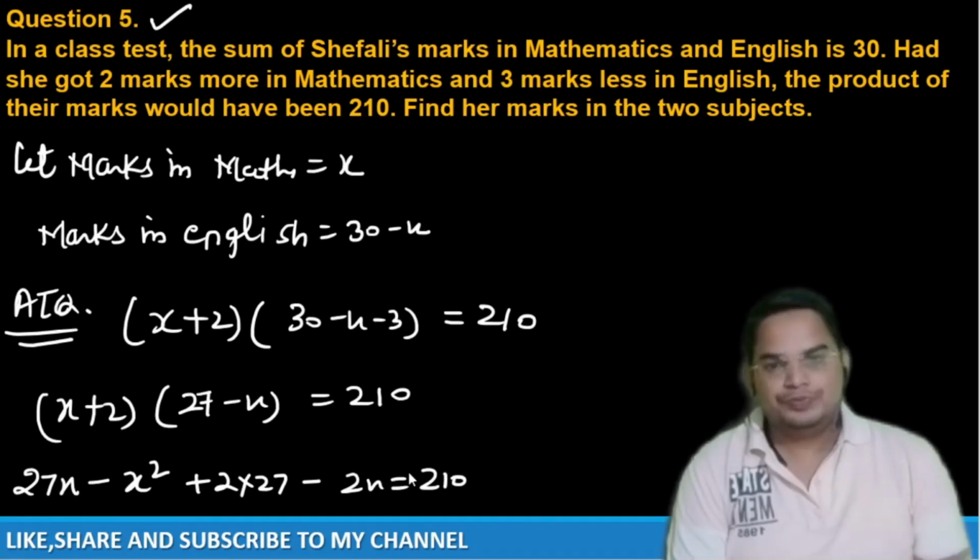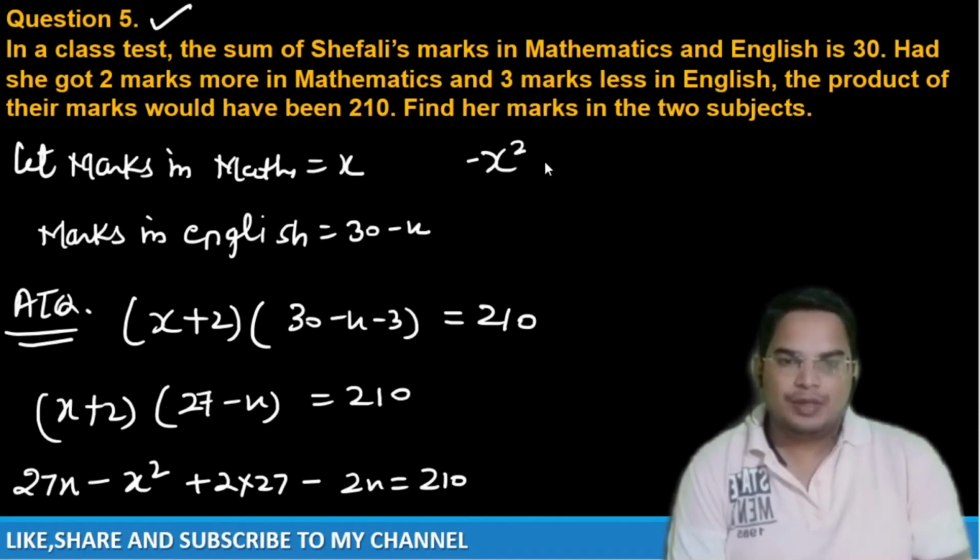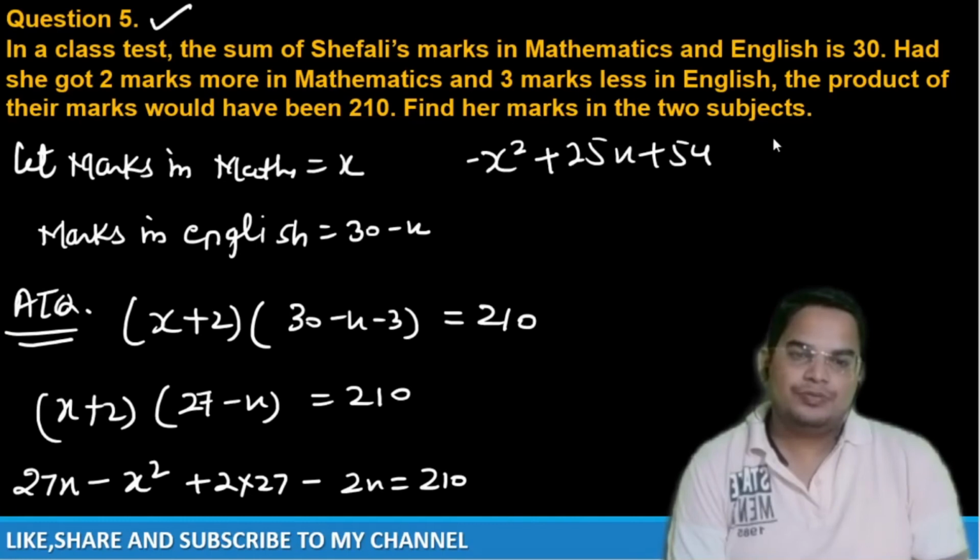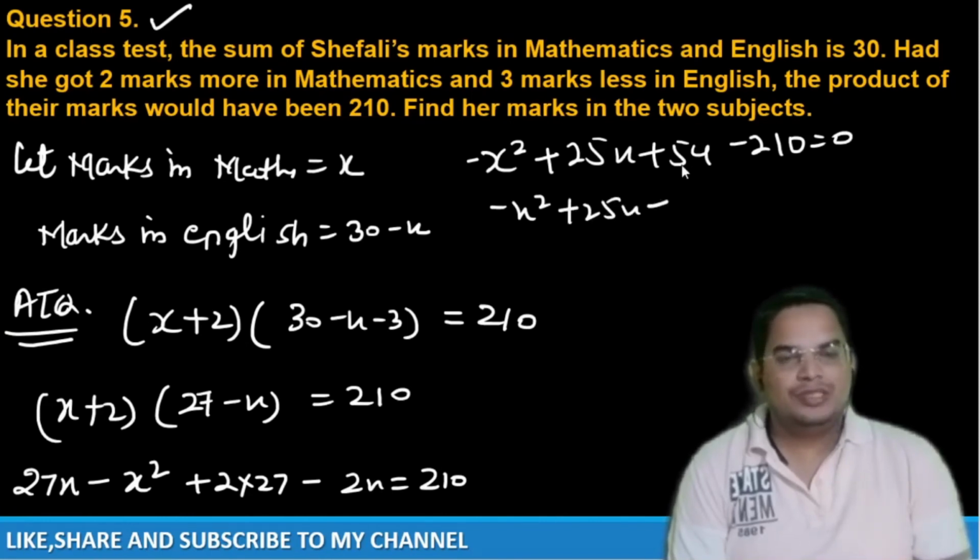After this, what I can say, transfer it to that side, so it becomes minus x square, 27x minus 2x, it becomes plus 25x, and 27 into 2 is 54, minus 210 equal to 0. So minus x square plus 25x as it is, and 54 minus 210, it becomes minus 156 is equal to 0.